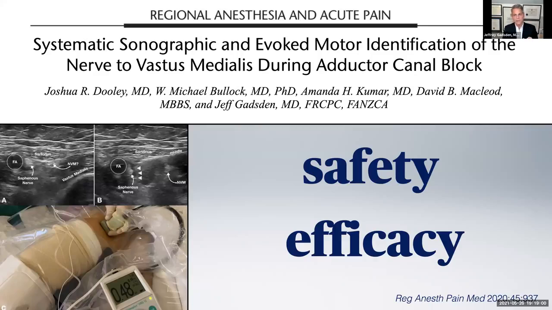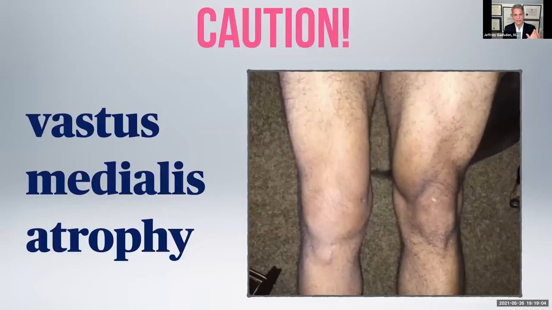It also confers, I think, a safety advantage. And here's why. I have heard of reports of patients that have undergone adductor canal blocks and have ended up with not immediate, but eventual vastus medialis atrophy. And I wonder, I have no proof for this, but I wonder if part of the reason is we were not that cognizant of the fact that that nerve is often in the trajectory of our needle as it goes towards the artery.